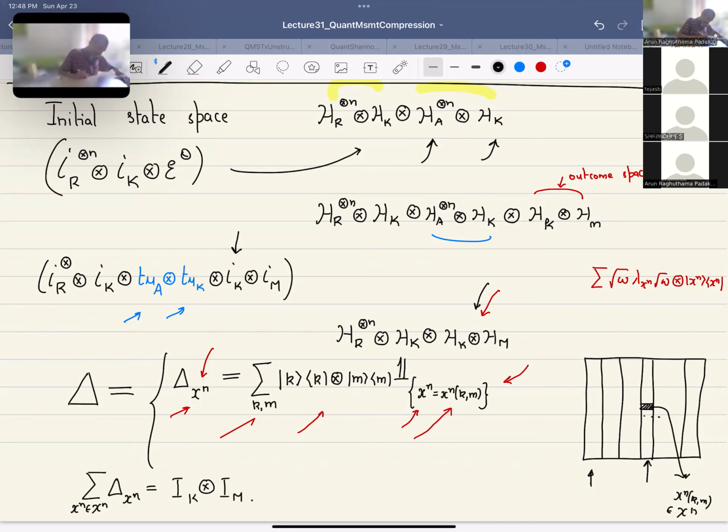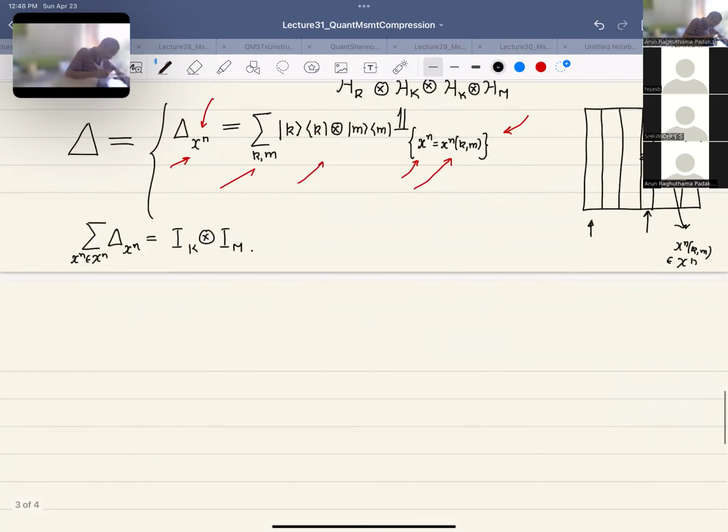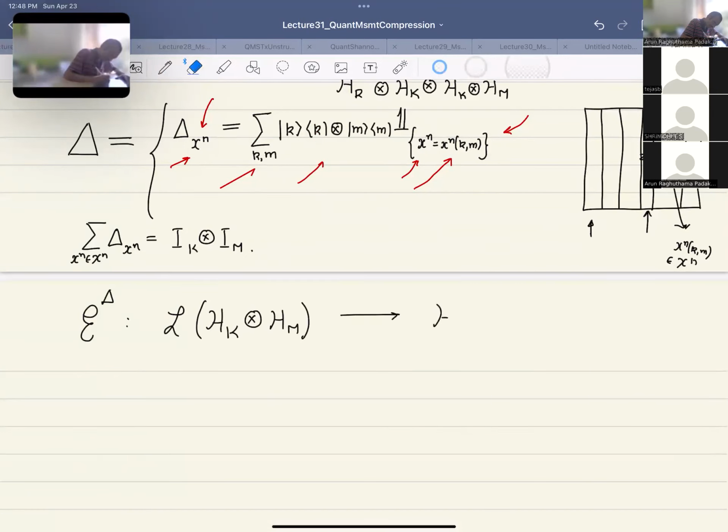Okay. So where is delta operating? So E delta will take you from the space in which your public coins and your message live. With our convention, it's not going to trace out what it operates on, and it's also going to throw out an xn.